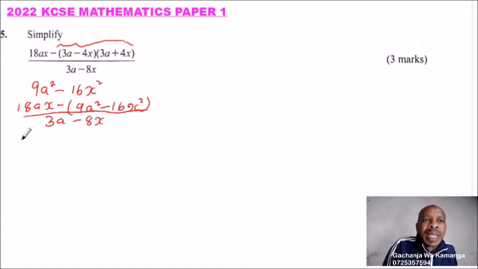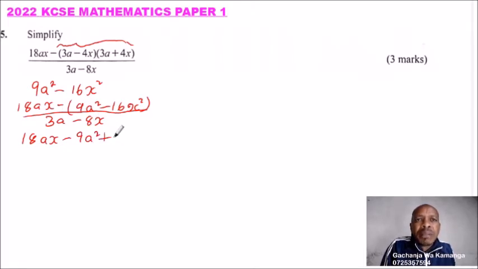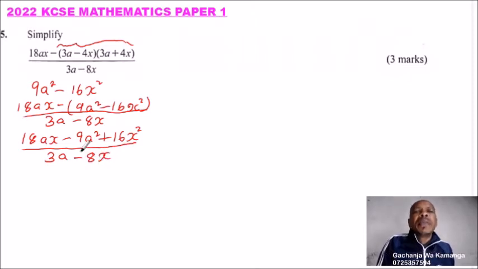We open the bracket, we have 18ax, then we have minus 9a squared. This will be positive, minus and minus, so we have positive 16x squared. All this is divided by 3a minus 8x. From there, we rearrange our equation.